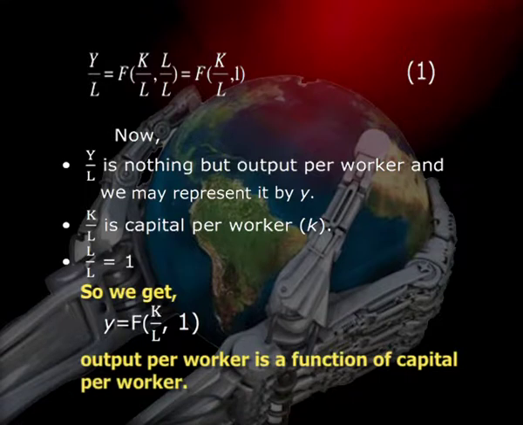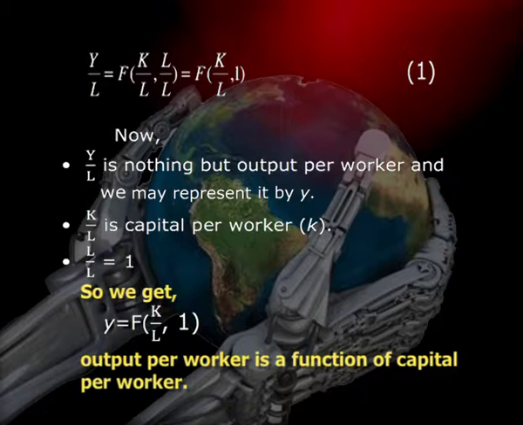If we express the production function in per worker terms, which is similar to income per capita, then we obtain Y upon L is a function of K upon L and L upon L. Thus, it becomes Y upon L is a function of K upon L and 1.